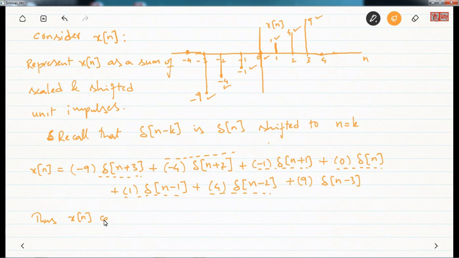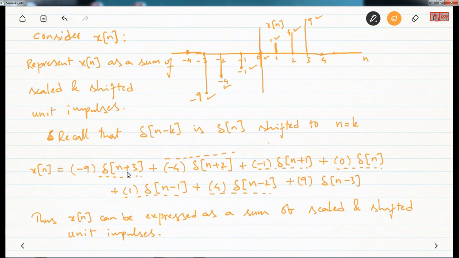x of n can be expressed as a sum of scaled and shifted unit impulses, right?